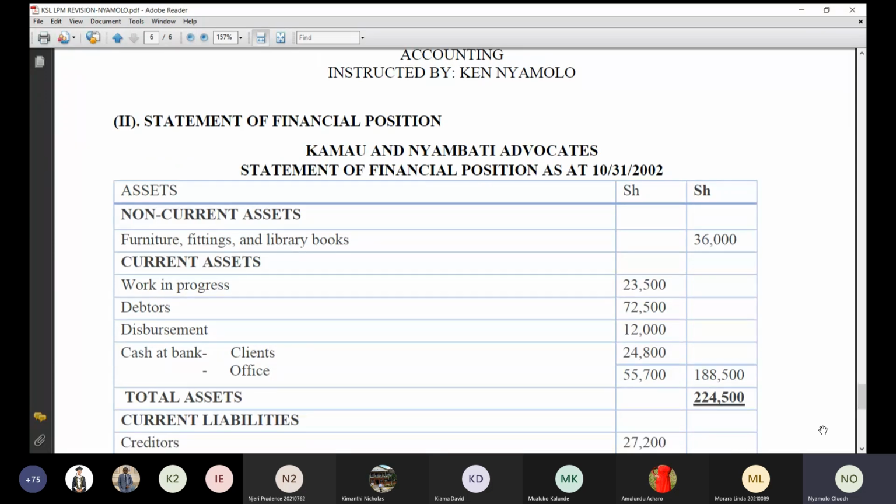They're like our debtors. Cash at the bank for the clients is 24,000. I mentioned it, that you'll see it in the trial balance there, and you'll also see it here. So your total current assets 188,500. Your current assets plus non-current assets gives you 224.